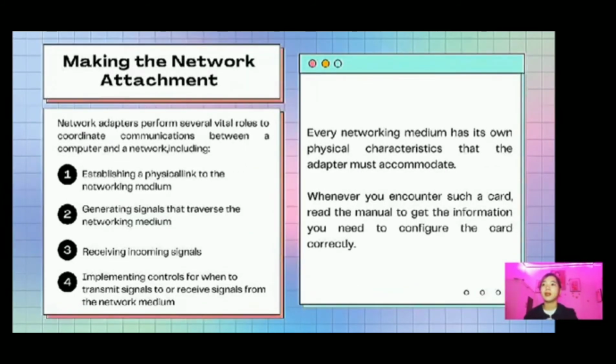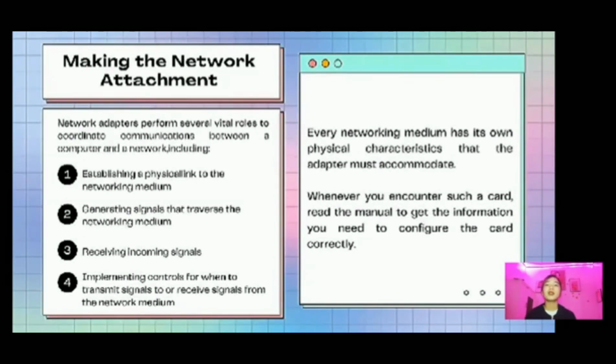In the fourth slide, we have making the network attachment. Network adapters perform several vital roles to coordinate communications between a computer and network, including, first, establishing a physical link to the network medium. Second, generating signals that traverse the network medium. Third, receiving incoming signals.